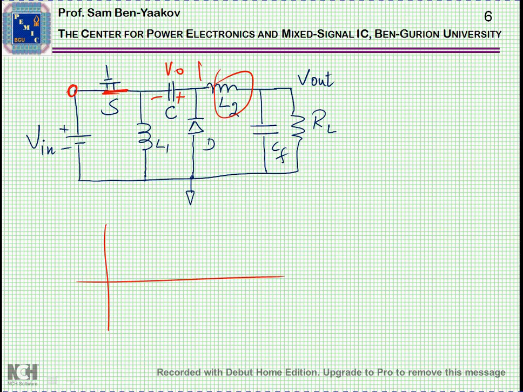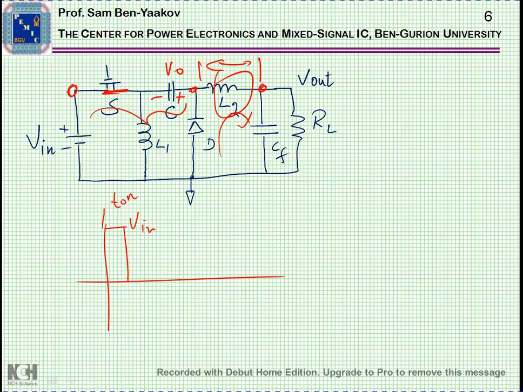So if we look at the voltage across the capacitor, we see V out here, and we see here on the other side V out plus V in. When we subtract one from the other to get the difference, we are getting again V in. So during T on, we'll get V in.